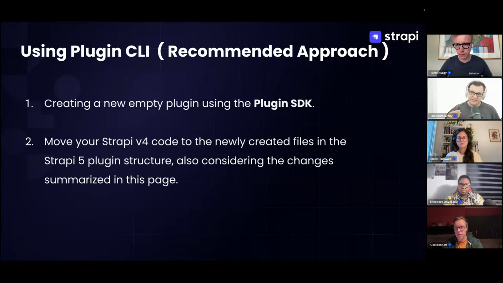And again, I say might because it really depends on the complexity of the plugin, but this is the recommended approach and is the easiest, because you get to move things piece by piece and make the changes as you need to.